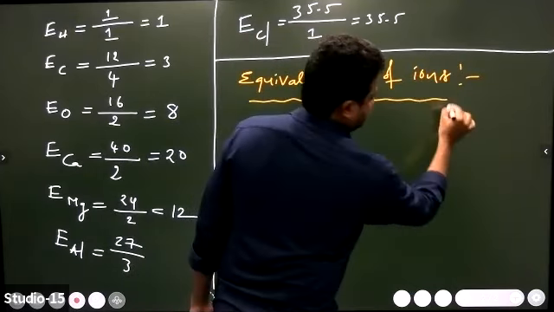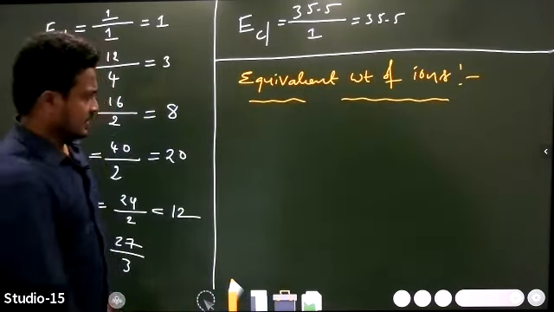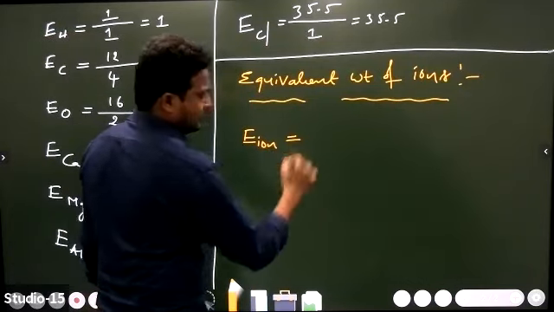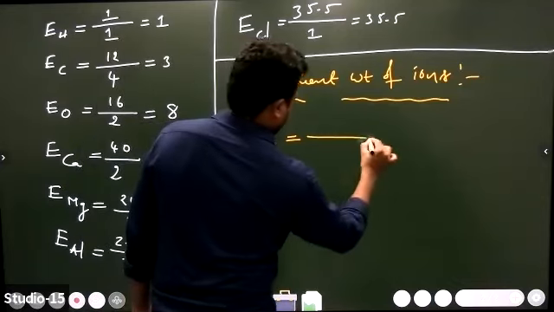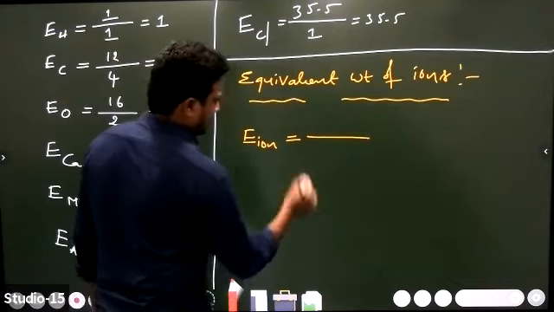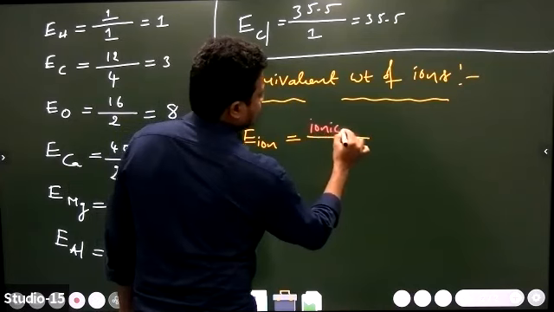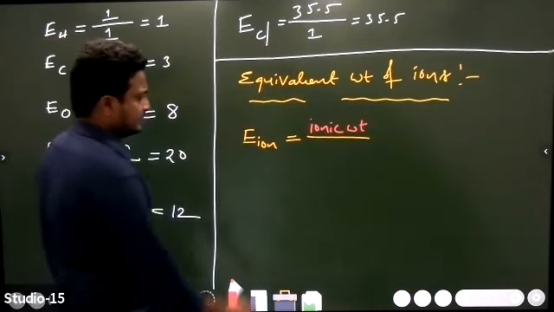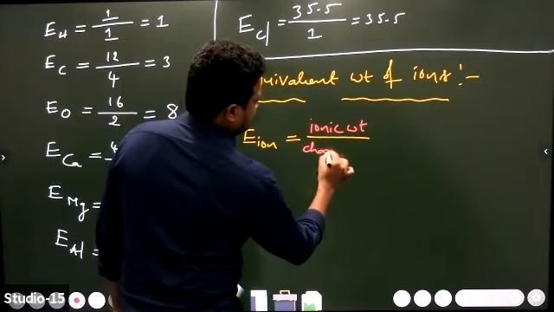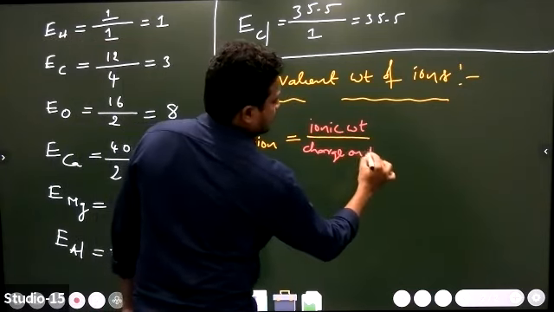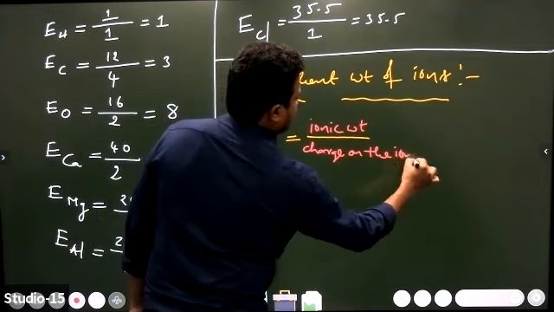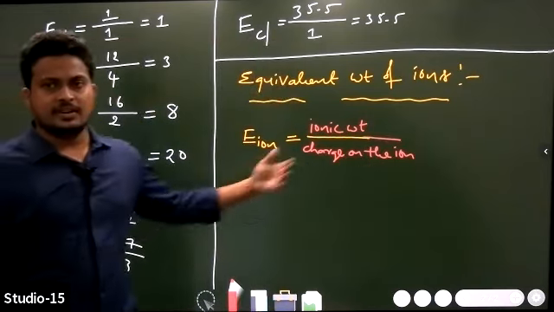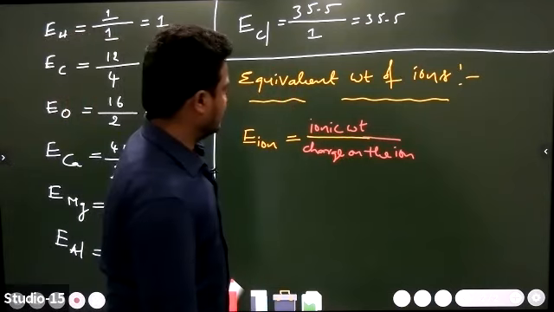Simple one, we have a formula, that is equivalent weight of ion is equal to ionic weight by charge on the ion. The ion may be a cation or anion, positively charged species or negatively charged species.